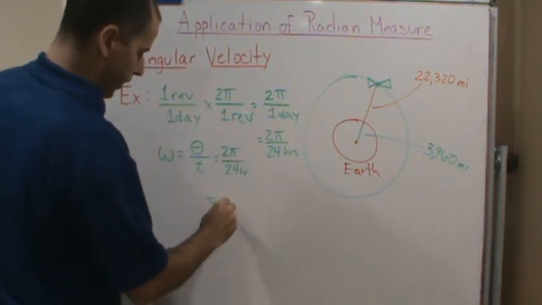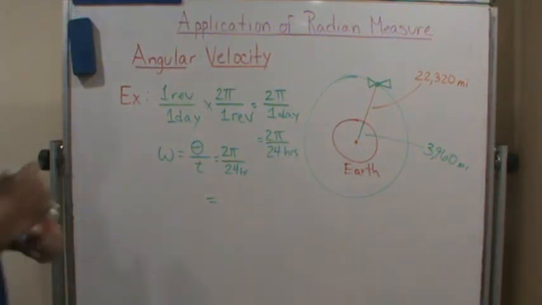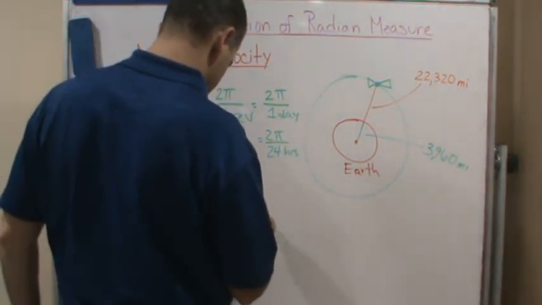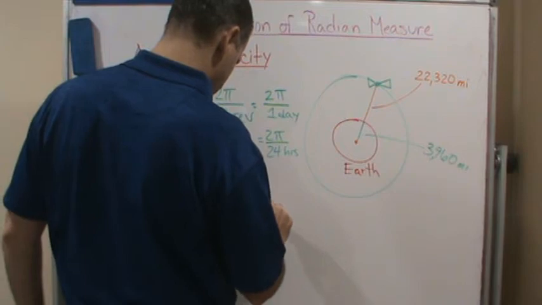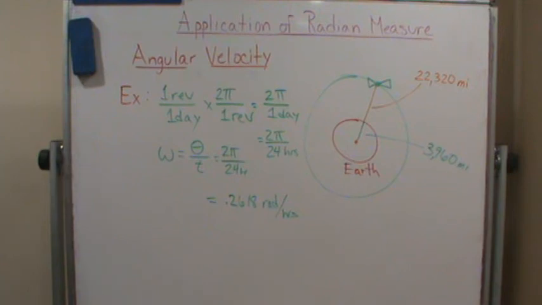And so if we stick that in our calculator now, because again, we want radians per hour, we get 0.2618 radians per hour. That's the angular velocity.